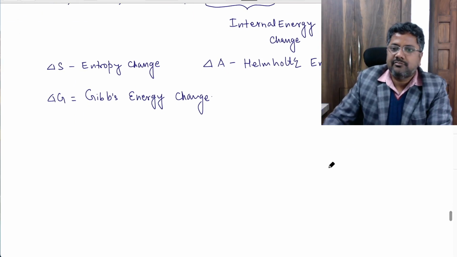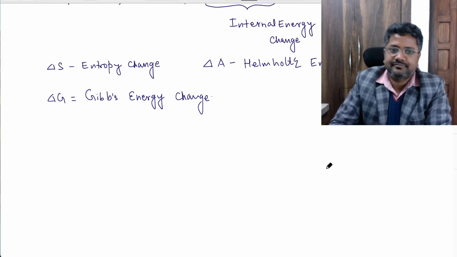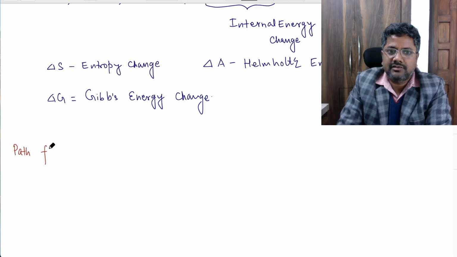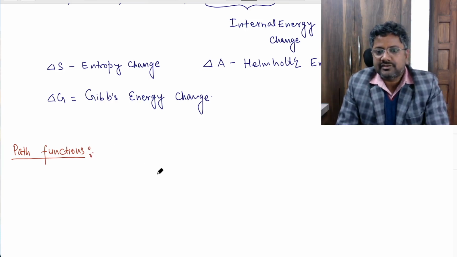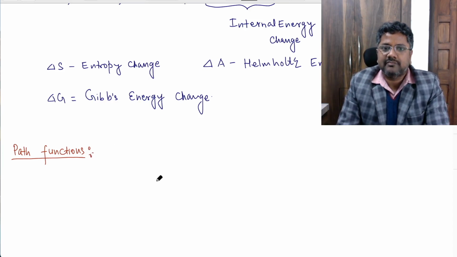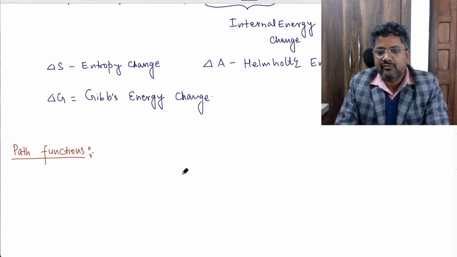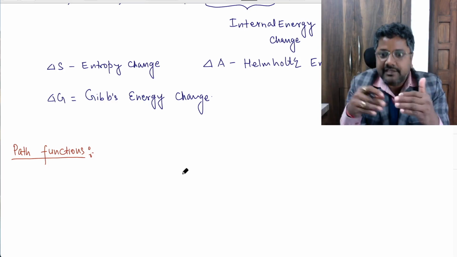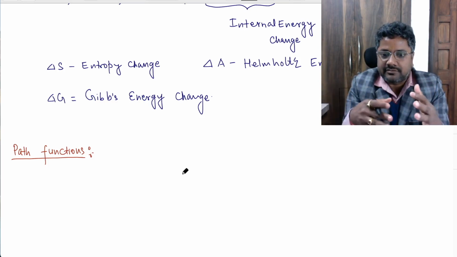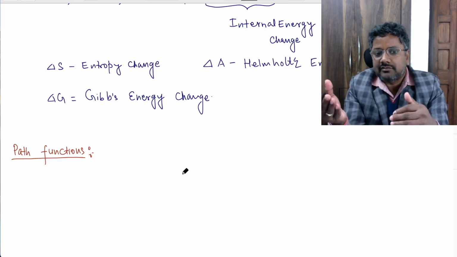Now see the path function. What are path functions? If you see path function, it depends on the path followed by the process, right? Suppose you are moving from one initial state to the final state, by one path and by another path.